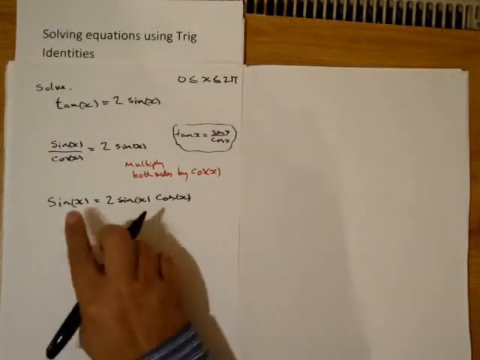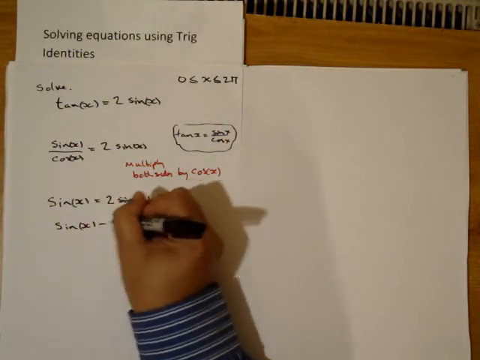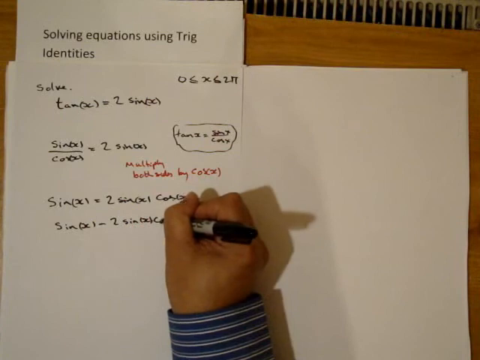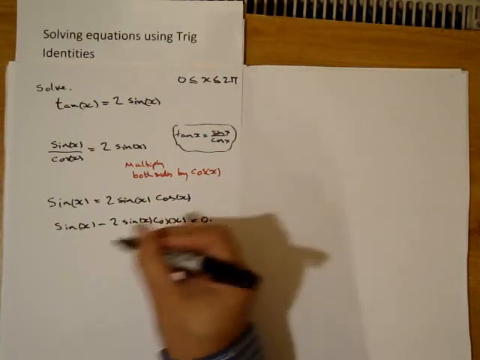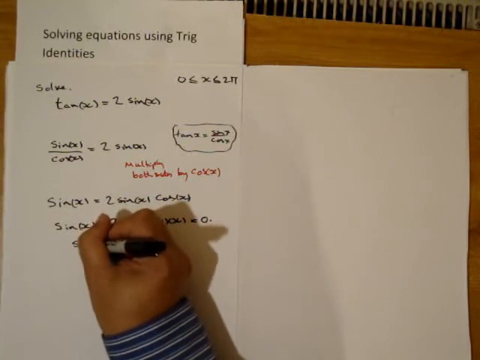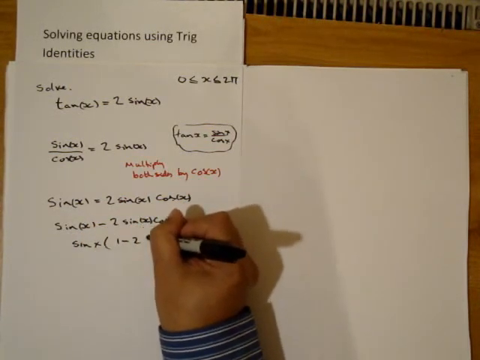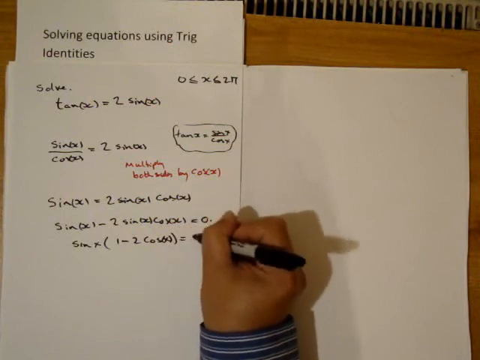We can now bring this over to the other side. We get sin x minus 2 sin x cos x equals 0. Factor out a sin x. Get 1 minus 2 cos x equals 0.